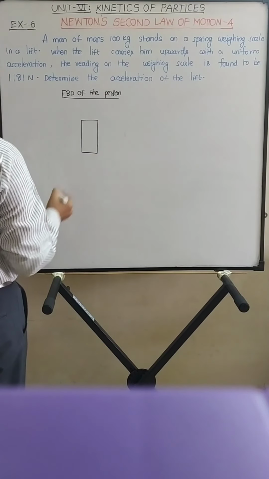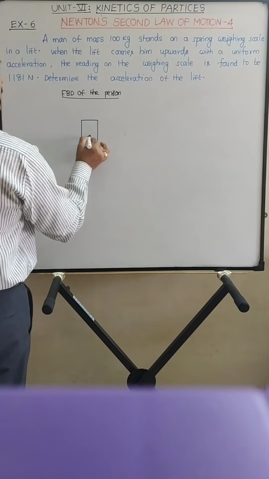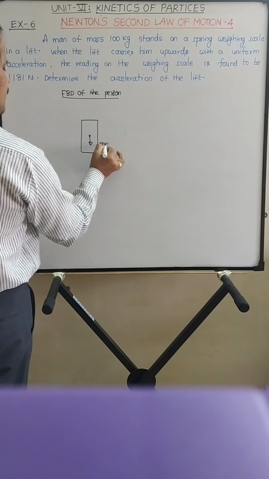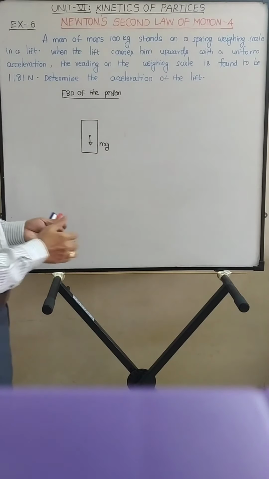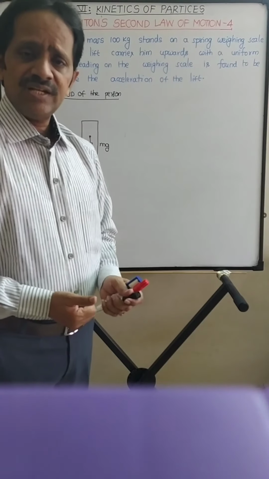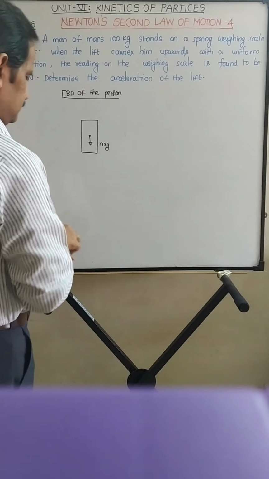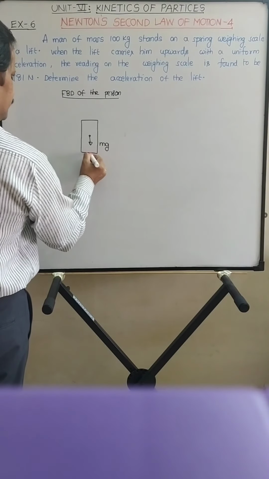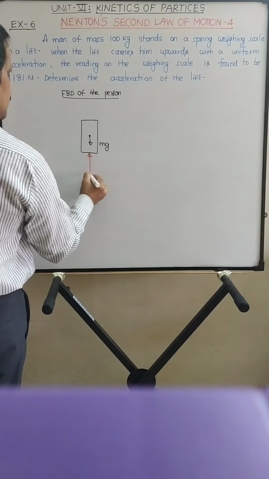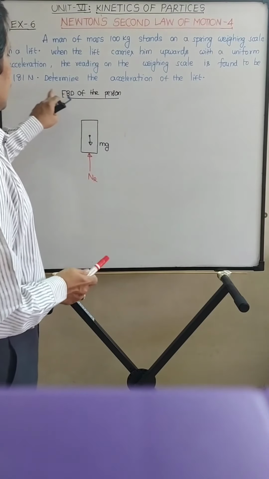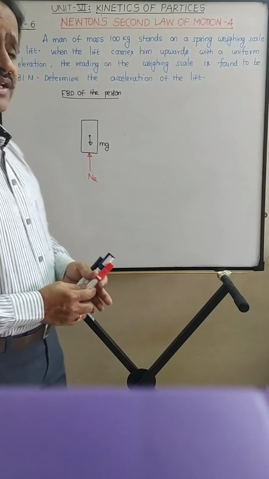his mass is 100 kg. So his weight is acting vertically downwards, say mg. He is standing on the weighing scale in the lift, so the weighing scale will offer a normal reaction on him, say NR. It is said that the reading of the weighing scale is 1181.